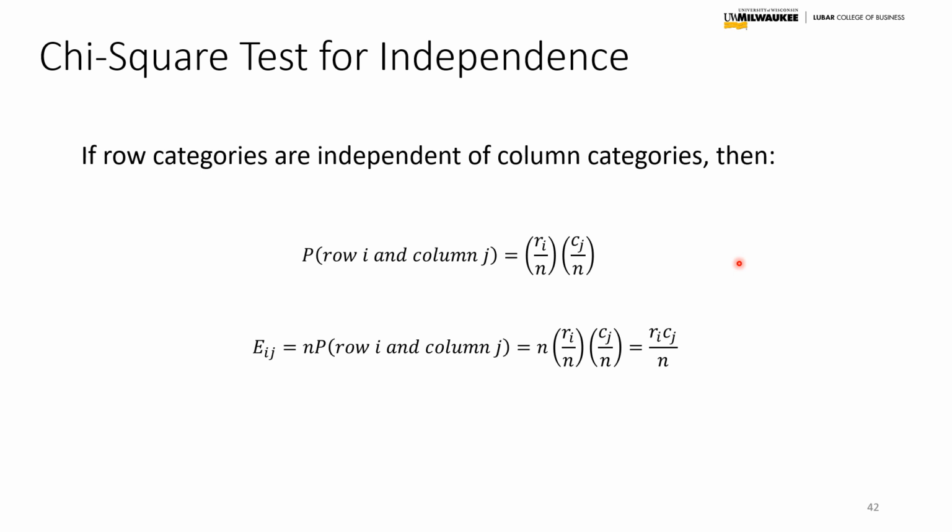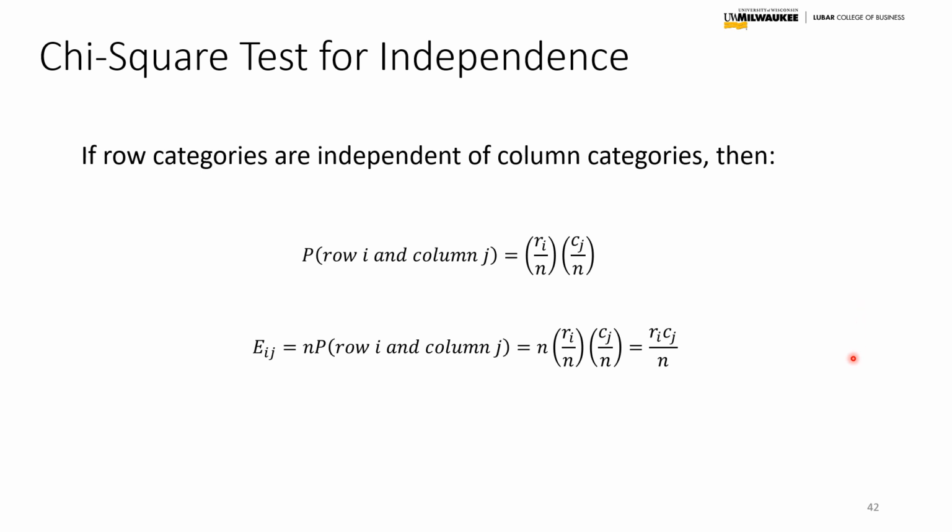What's the probability that an observation falls in that cell, which is the intersection of row i and column j? That would be the probability of row i and column j. And if we can assume independence, then that probability is the multiplication of those two events, as we showed two slides back. That would be R_i divided by N times C_j divided by N.